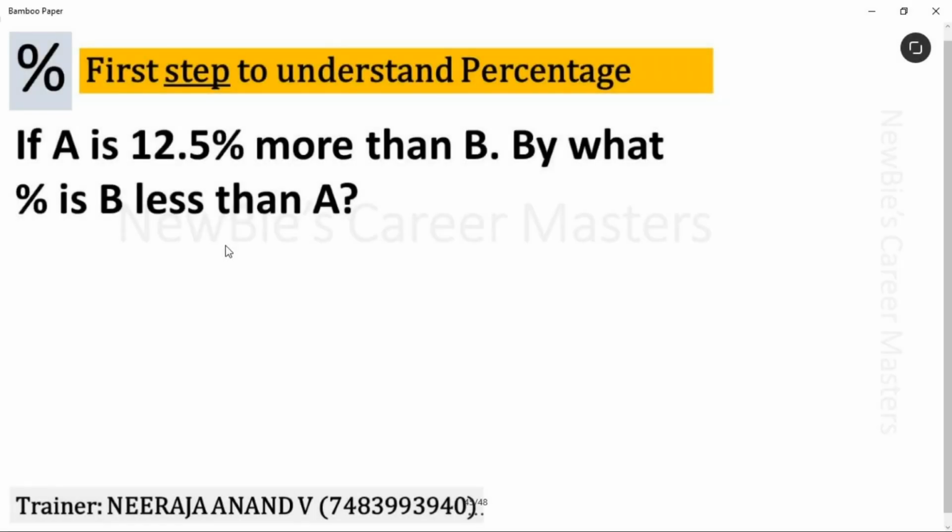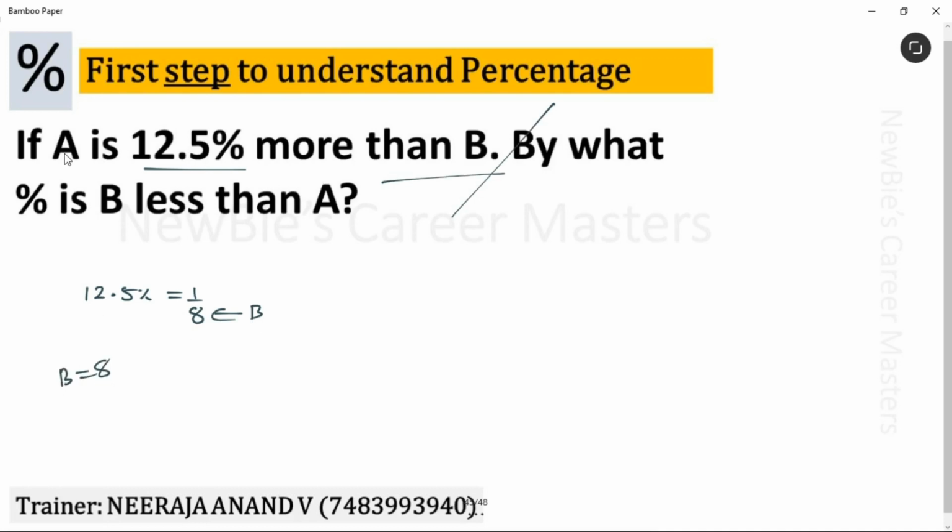Let's solve the last question of this video. If A is 12.5% more than B, by what percent is B less than A? Similar question. Try this. First, take the fraction value of 12.5, which is 1 by 8, and comparison is with B. So, let's consider B value as 8.